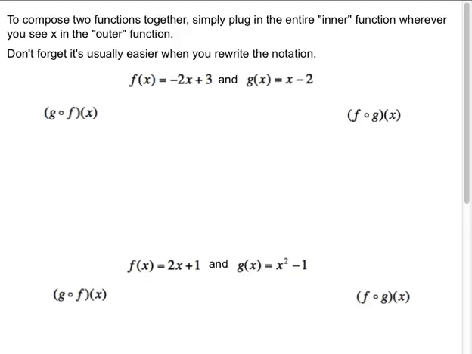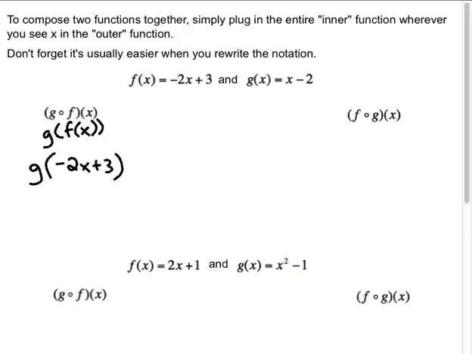Now the process is the same. The first thing I would do is rewrite that notation. I would call this g of f of x. And f of x is negative 2x plus 3.